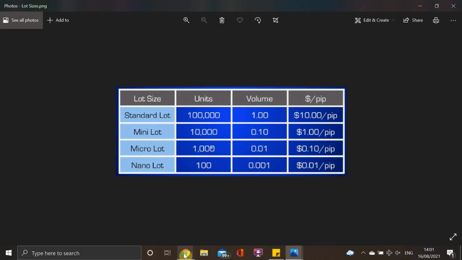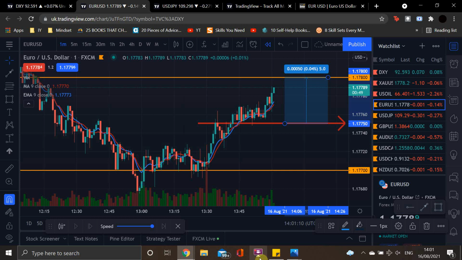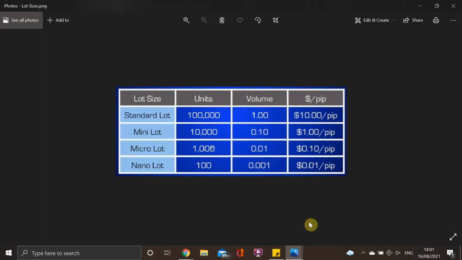I got in at 0.02 lot size. So 5 pips times 0.02 would have been $1.